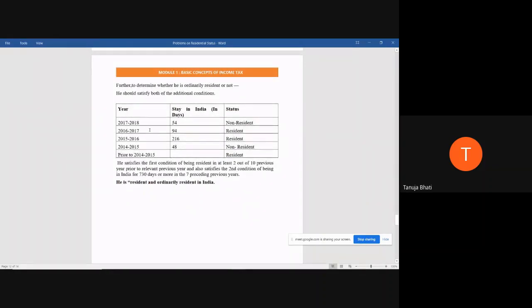So therefore, based on the basic conditions, for 1718 he was a non-resident because he was staying only for 54 days. For 1617 he was a resident because it was 94 days. He satisfies the second basic condition, hence he becomes a resident. 1516 he again becomes a resident because he is satisfying the first as well as the second basic condition.